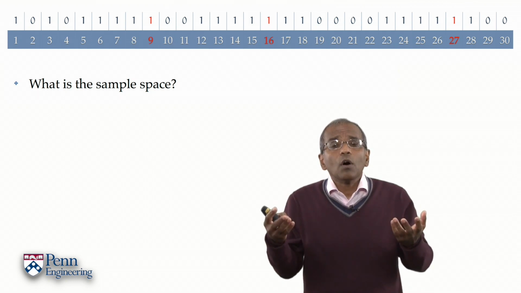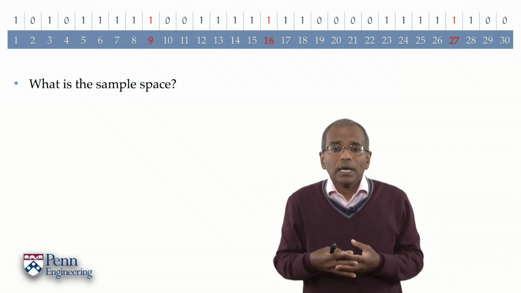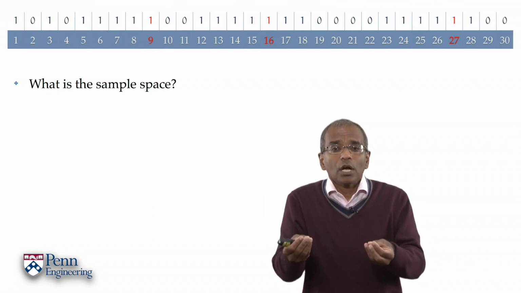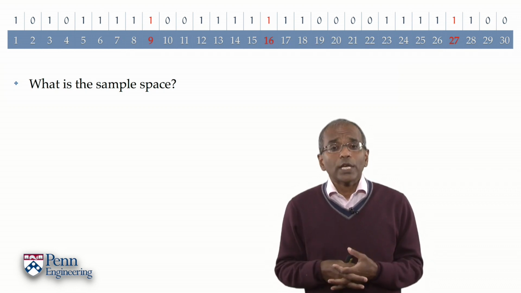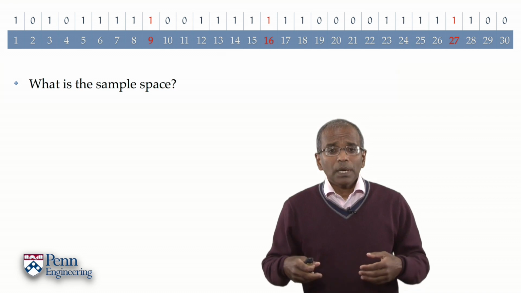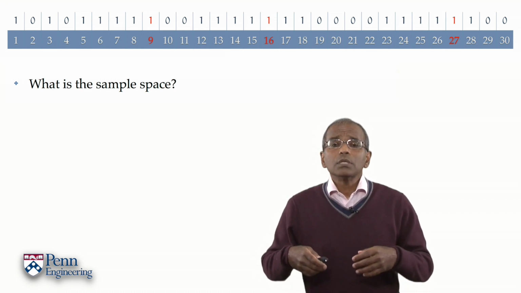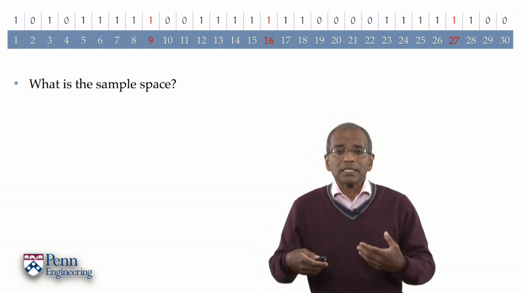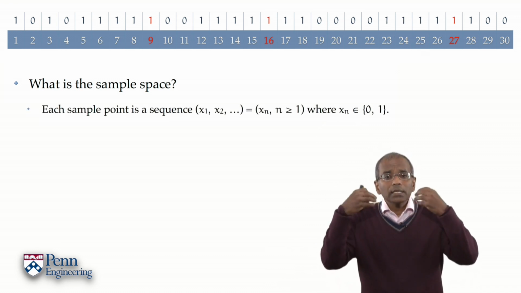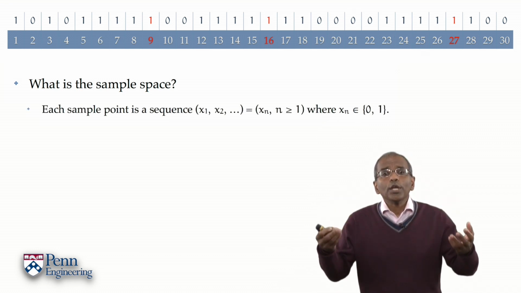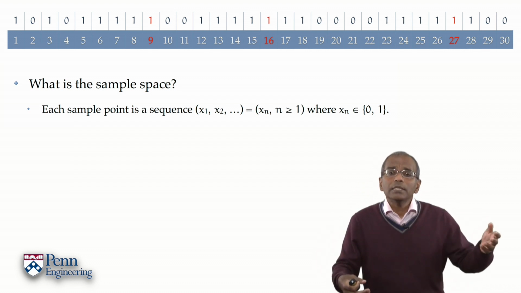What is the space of idealized outcomes that represents this chance experiment? Now, there are a couple of ways we could go about this, but the most general and extensible fashion is to think of a Gedanken experiment where a coin is tossed repeatedly, indefinitely often.